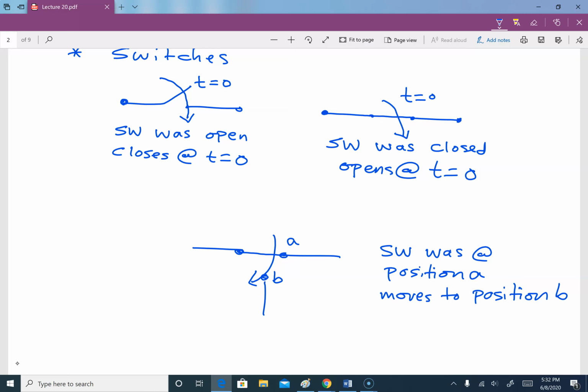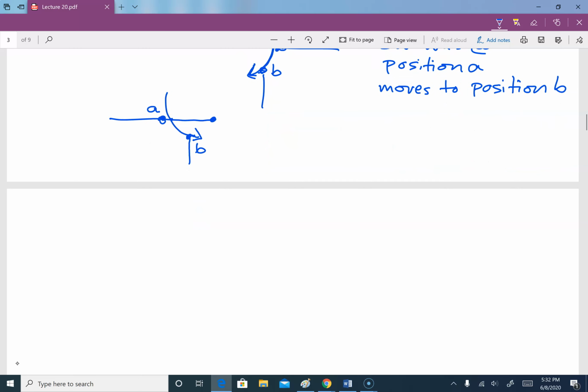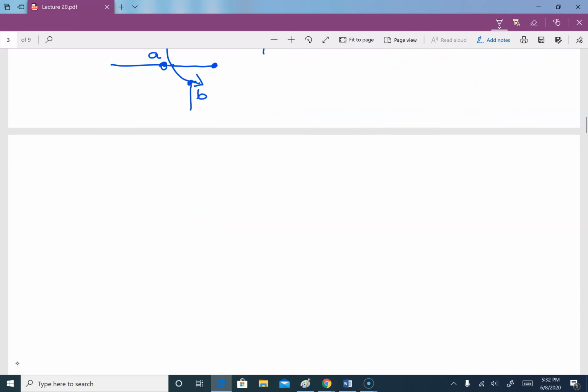If the drawing is like that, this side is going to move all the way up to here. Now, if I have it like this, that means it is going to move from A to B. All right, so now we know the switch actions.